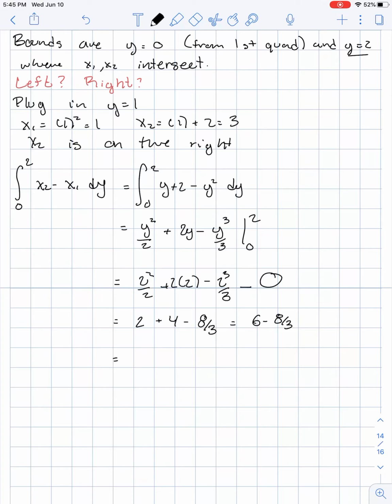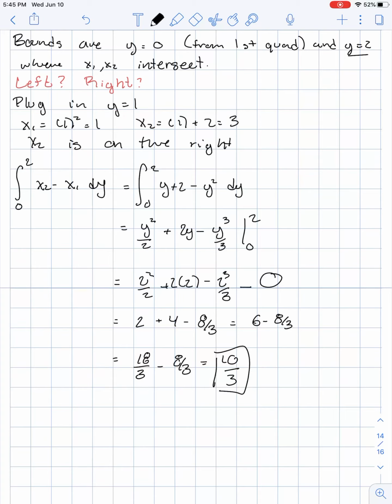Nope. That is not 3 times 6. 18 minus 8. Yeah. Perfect, 10/3, which is what we got earlier.